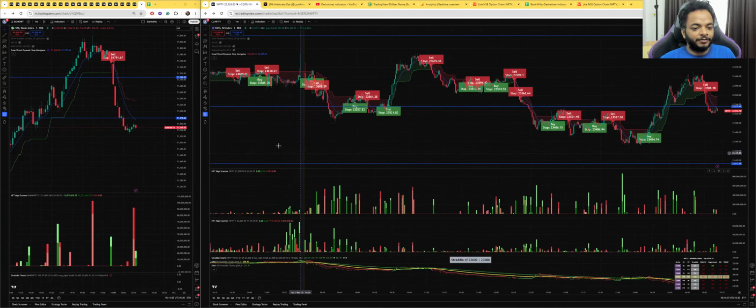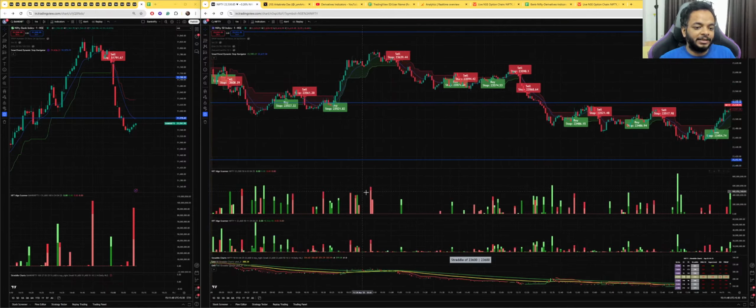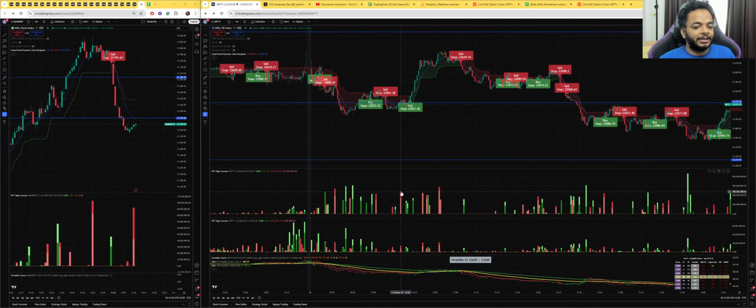Similarly, wherever there are big positions, we neglect the small positions. Whenever big positions are being taken, like here right at the top, 150 cr of call writing happened, and then the market went down. So we look at what the big positions are doing.